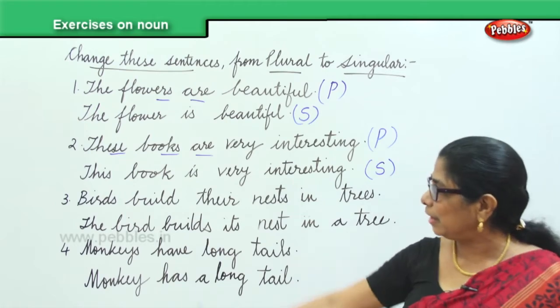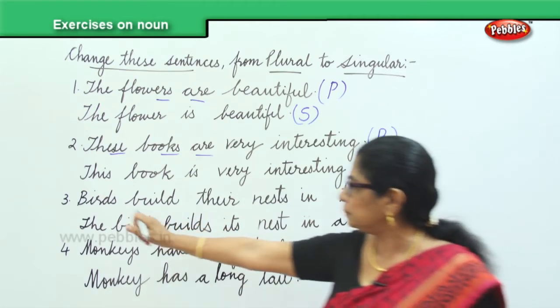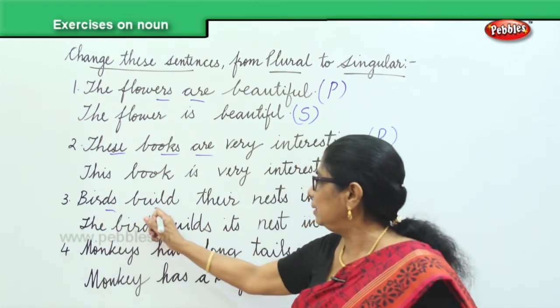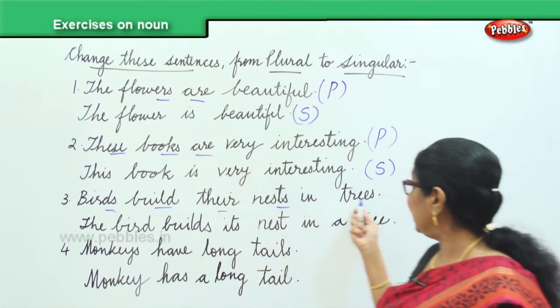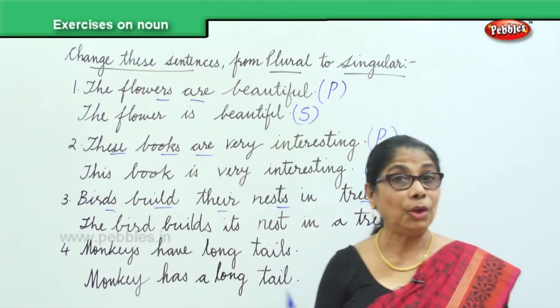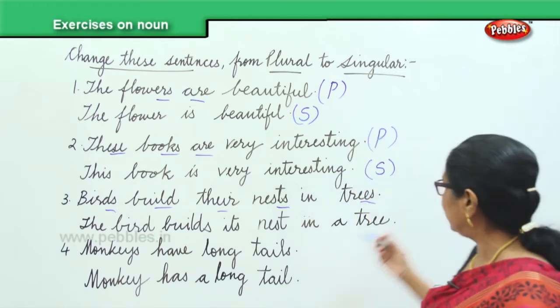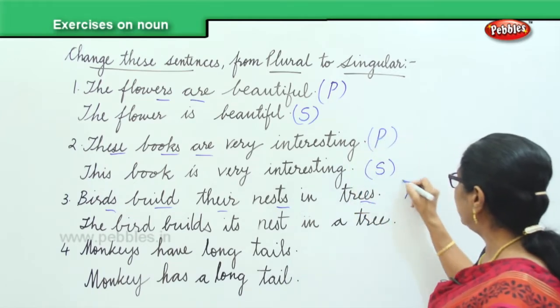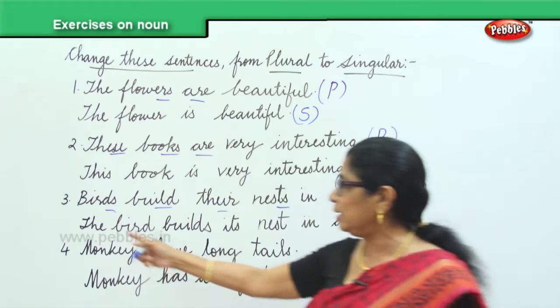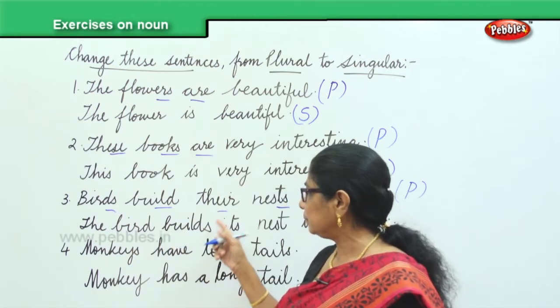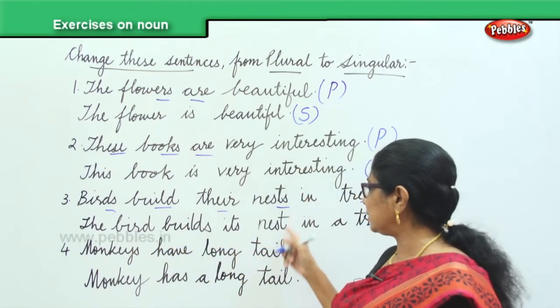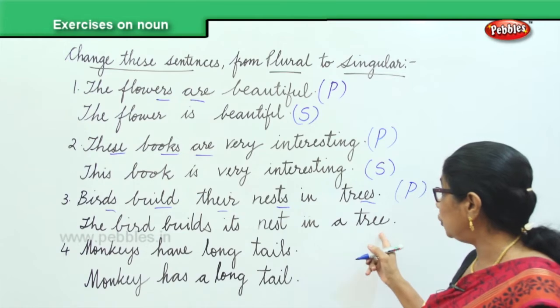And the next sentence we have here is, birds build their nests in trees. Lots of changes to be made because that's a plural form of sentence. So how will you change that? The bird builds its nest in a tree.